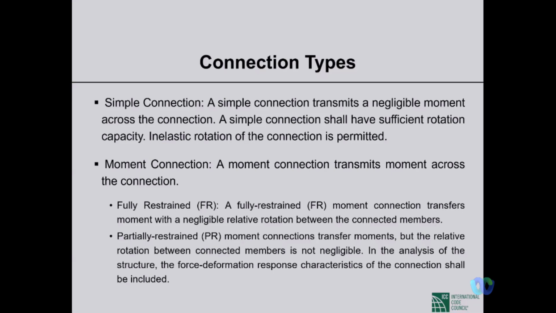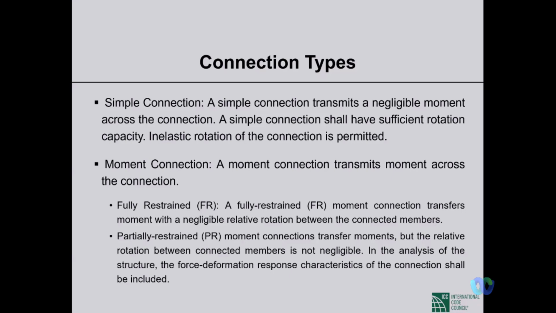And in case of partially restrained connections, the connection details are such that they can partially transfer the moment from one member to another, but at the same time, they have some amount of relative rotation between beams and columns.